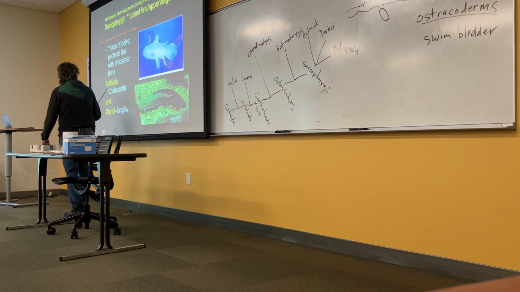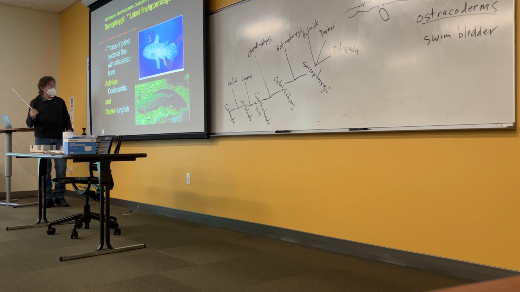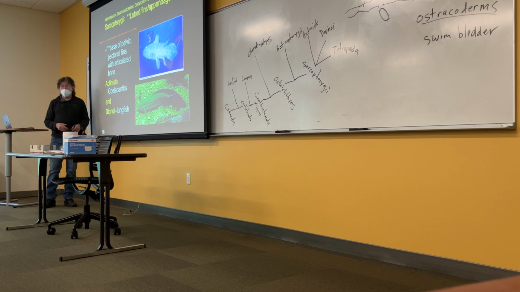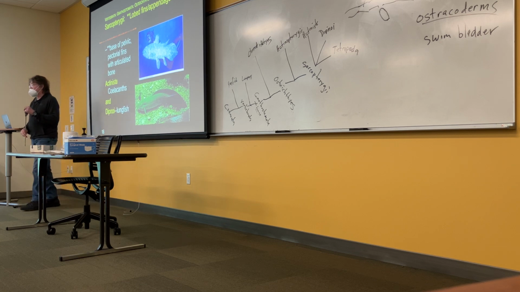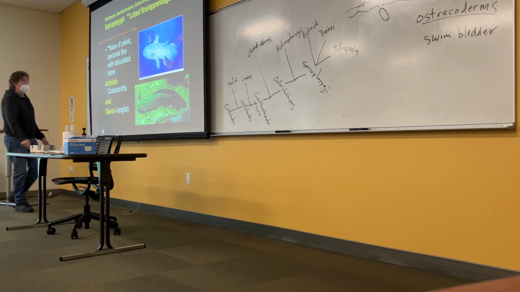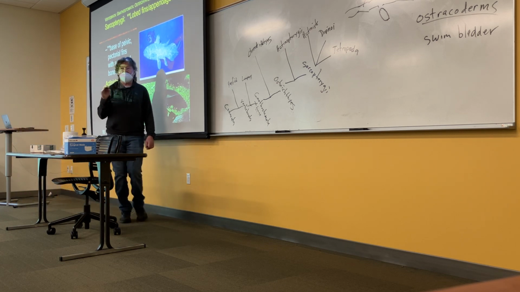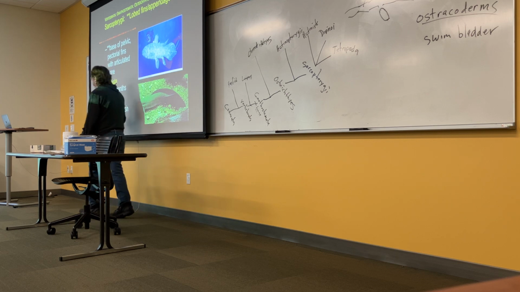Coelacanths. We believed that this particular group of fish had died out in the Mesozoic, because it's a fossil-rich group, but sometime in the 1950s, a fisherman in the Indian Ocean caught one of these things, and since then, there have been at least two others. They're really, really rare. They're usually found real deep in the ocean, but still, they have the same bony supports for the pectoral and pelvic fins.